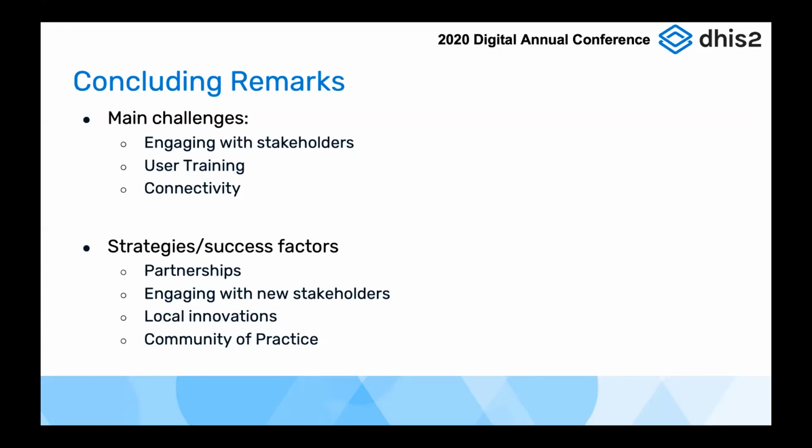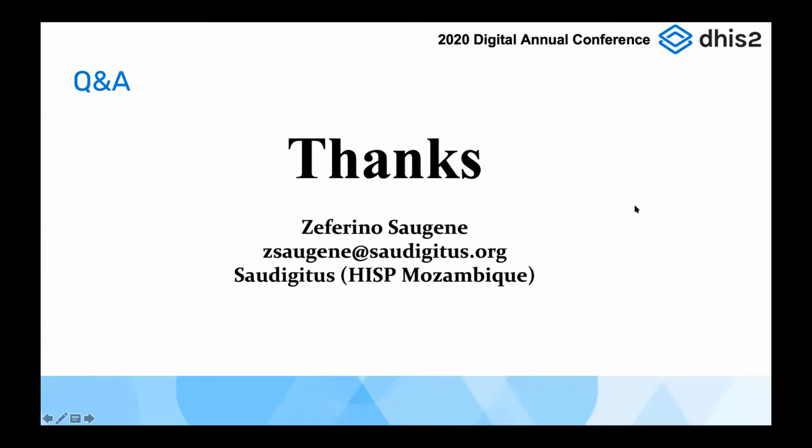That helps a lot. We often had meetings, every day, to discuss the challenges and find ways of addressing many of the issues that we are facing. So this is what I have for today.